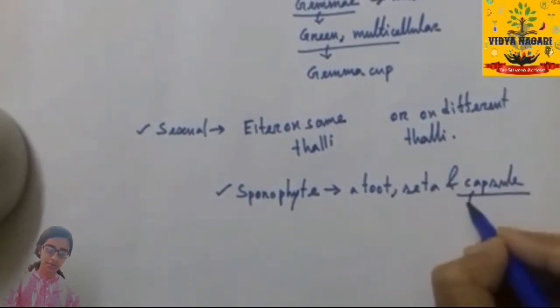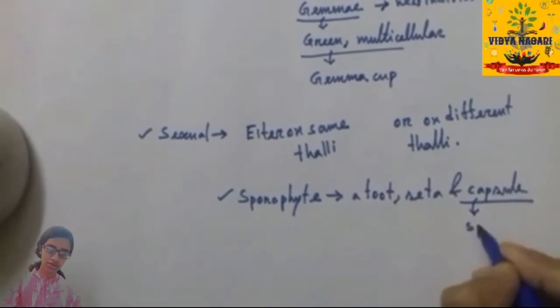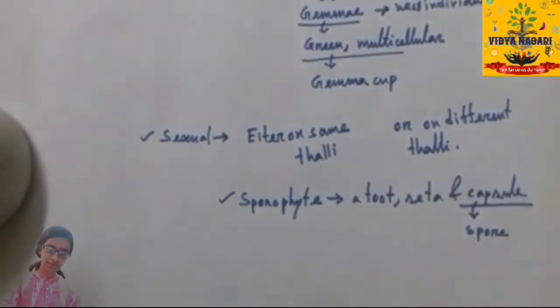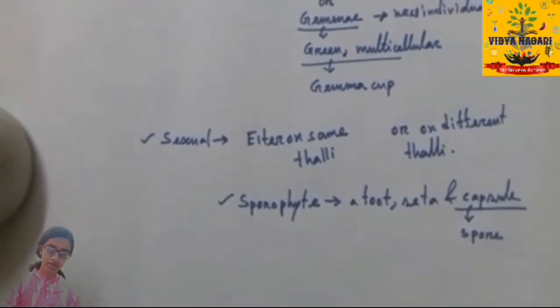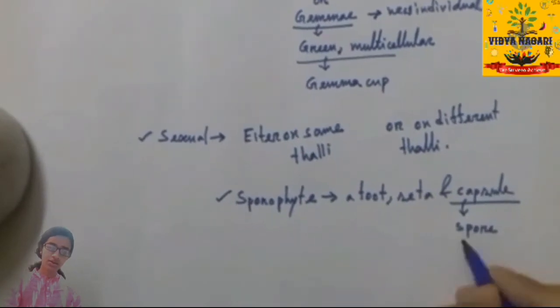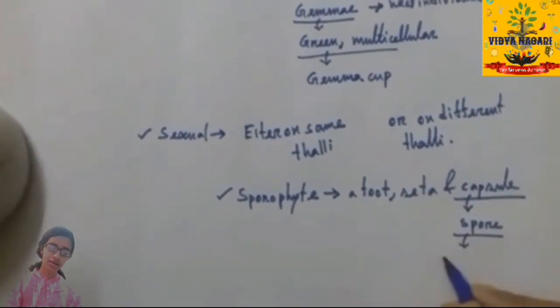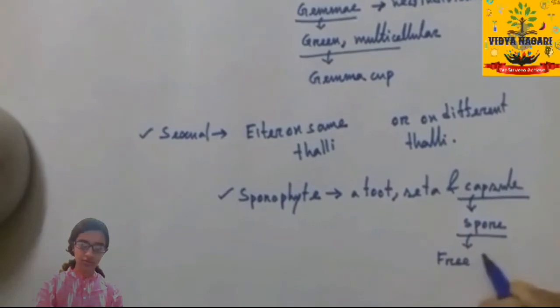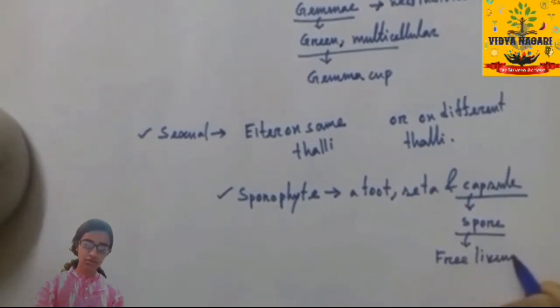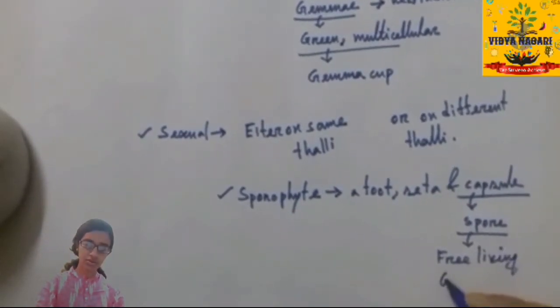This capsule produces spores, and these spores germinate to form the free living gametophyte.